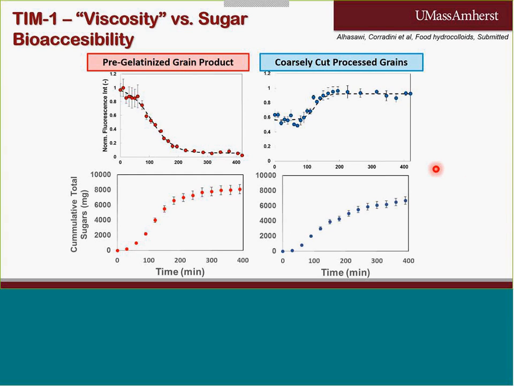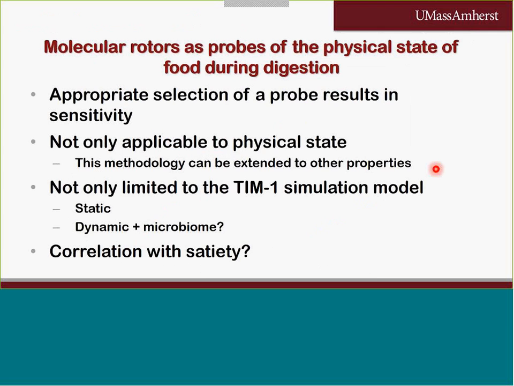So basically, in terms of using molecular rotors as probes for physical states during digestion, we can say that with the appropriate selection of a probe, they result in sensitivity. These data are extremely easy to collect and extremely easy to analyze. Actually, depending on the probe selected, they're not only applicable to physical states, but can be extended to other properties.